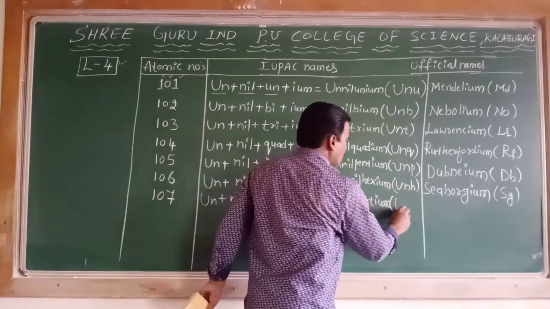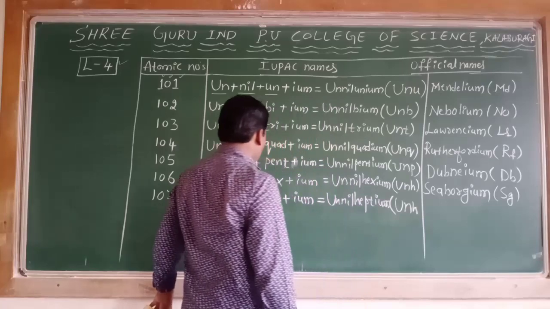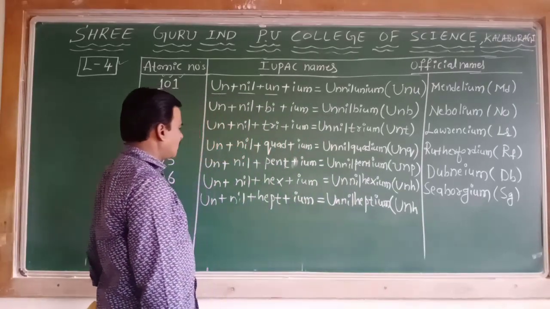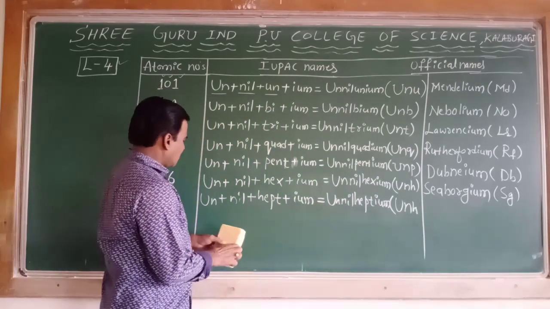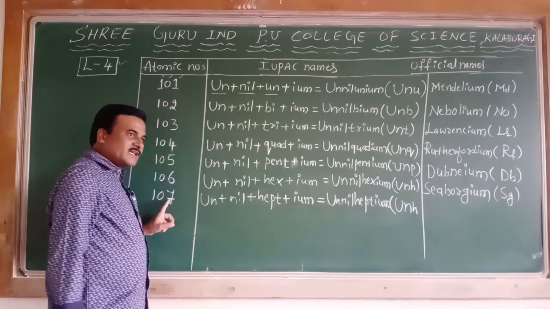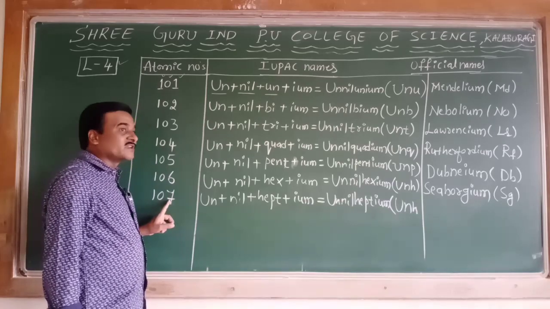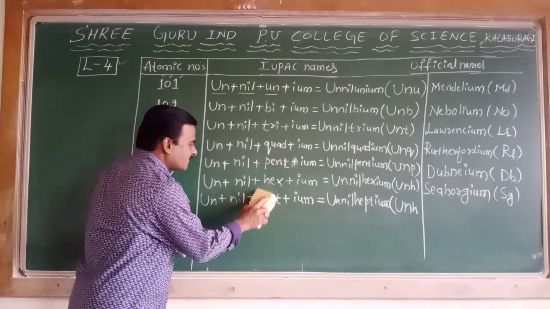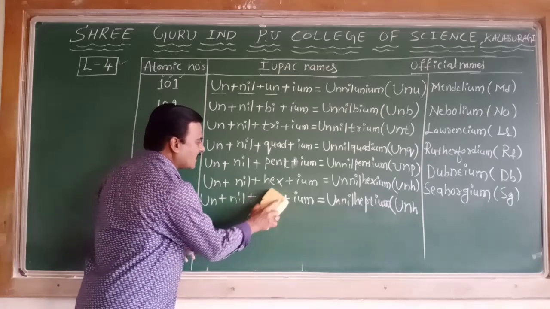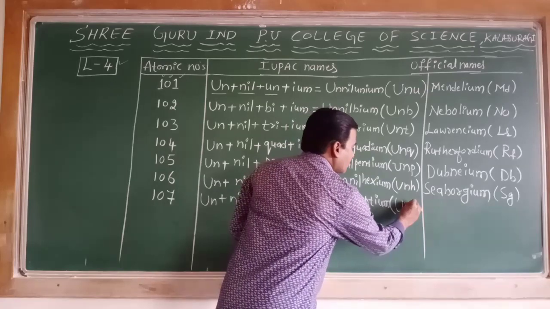Symbol Unh. Sorry, a little correction. What is the name of the digit 7 in Latin? It is sept, not hept. I had written the Greek letter.